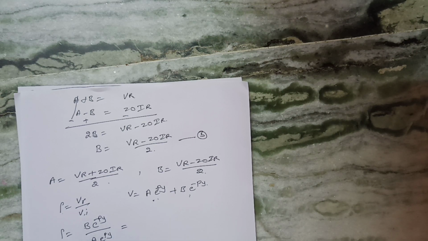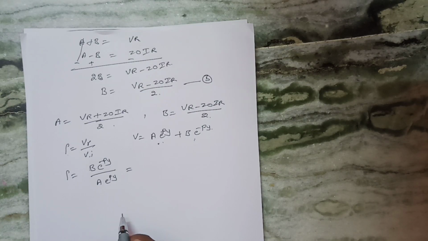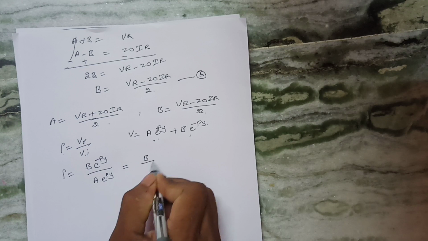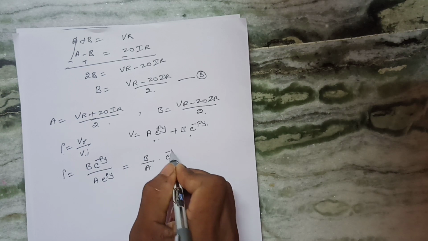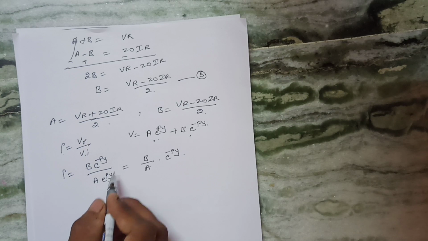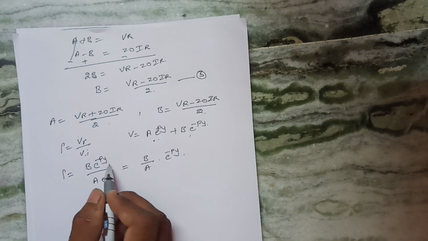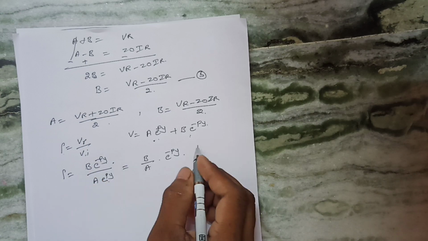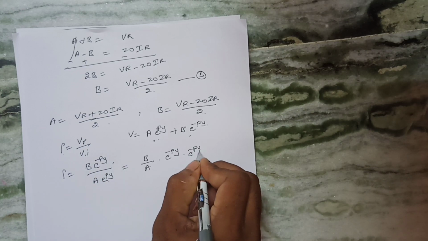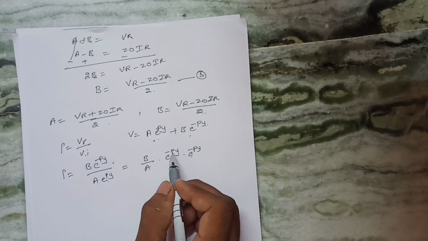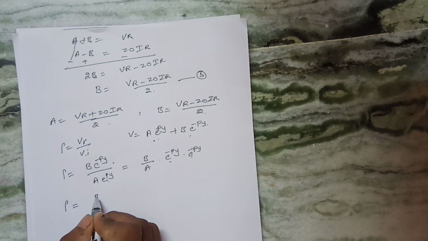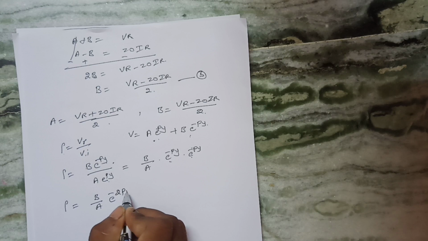So the above equation is written as B by A into exponential minus Py, and the denominator exponential Py coming to the numerator becomes exponential minus Py. So when the bases are equal, the powers are added. Then the reflection coefficient is equal to B by A into exponential minus 2Py.